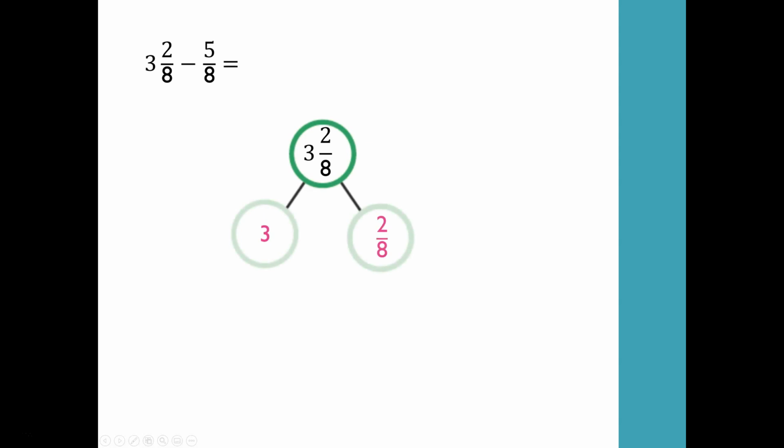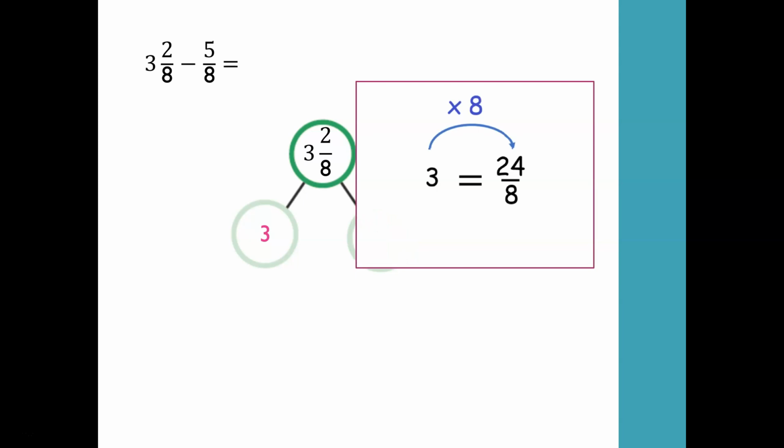3 2/8 can be represented on the part whole model like this. 3 wholes and 2/8. I want to change my 3 wholes into an improper fraction so that I have 2 parts showing as a fraction. I can do this by multiplying 3 by 8 to give me 24/8.